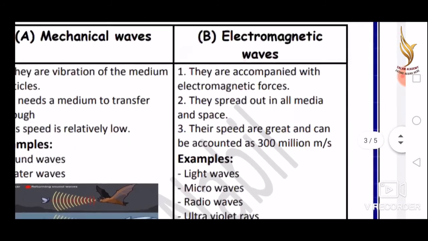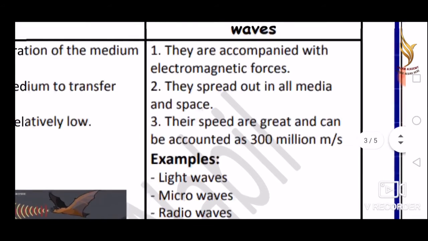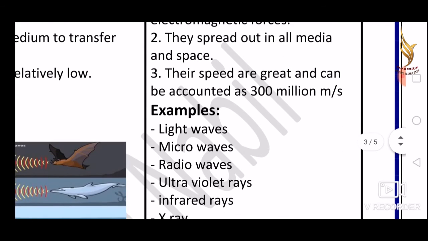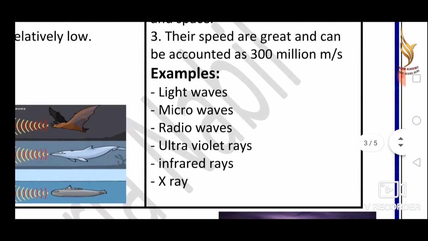While electromagnetic waves are accompanied with electromagnetic force, they spread out in all media and in space. Their speed is very high, about 300 million meters per second. Examples of electromagnetic waves: light waves, microwaves, radio waves, ultraviolet rays, infrared rays, and X-rays.